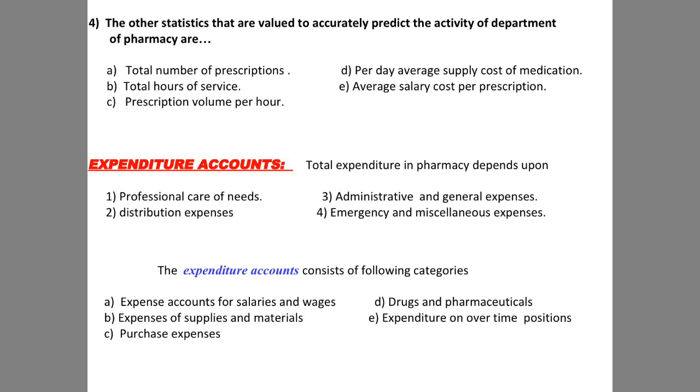All right, there are things such as administrative and general expenses, like pharmacy licenses, being able to pay maintenance fees on our software, having professional care needs, our pharmacist licenses, and distribution expenses, in terms of prescription labels, prescription bottles.